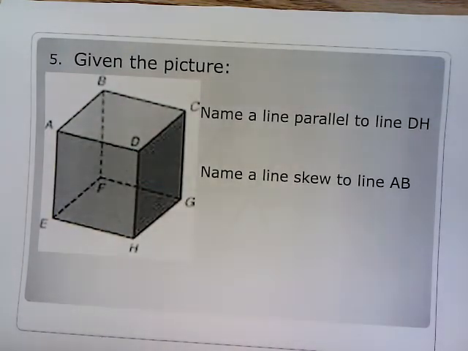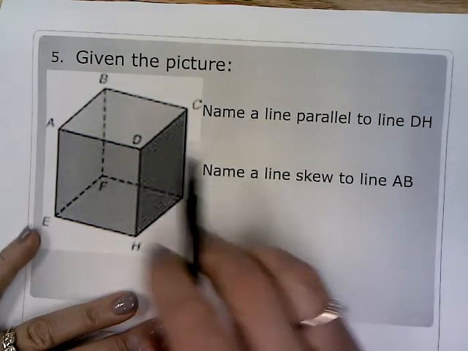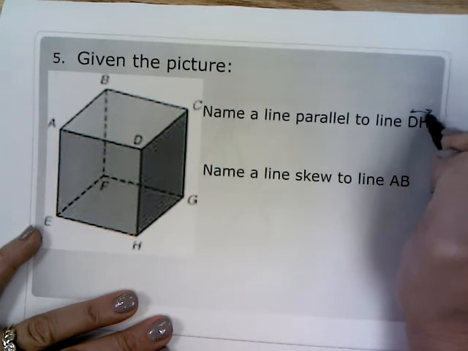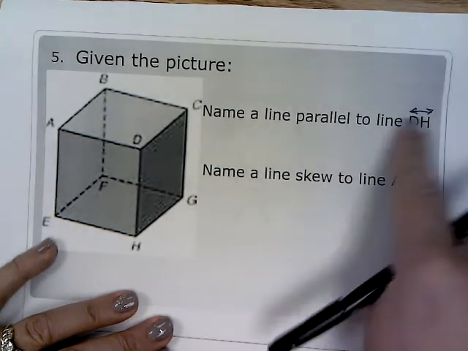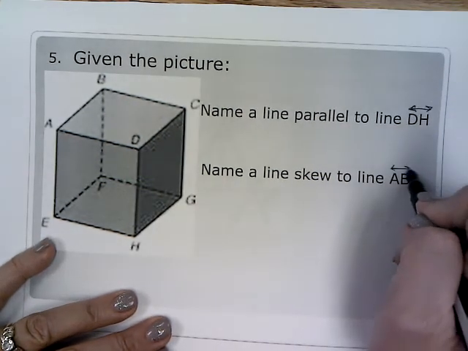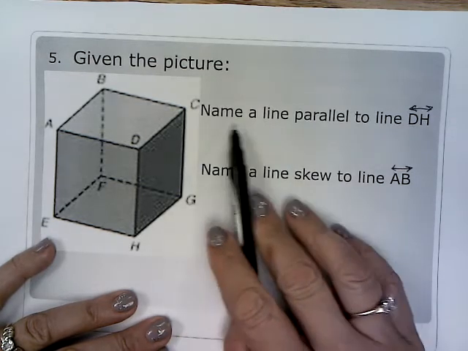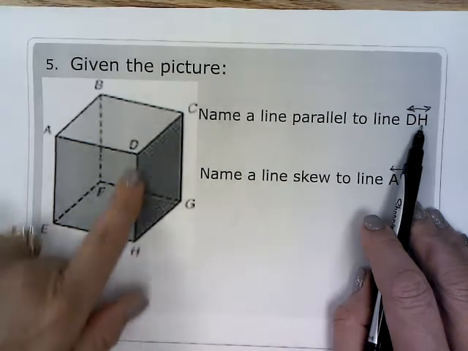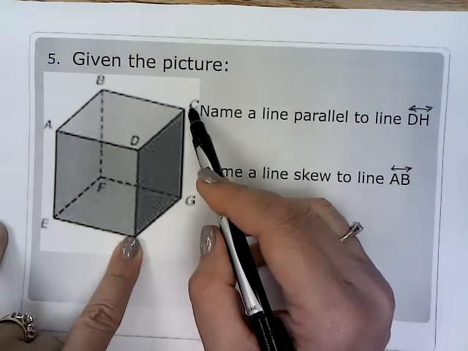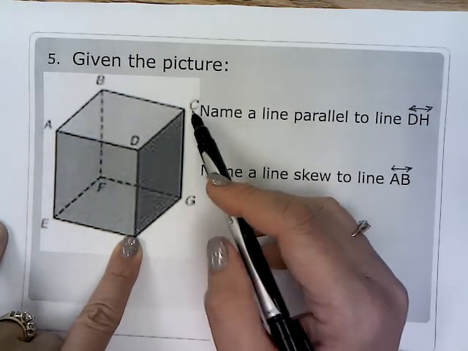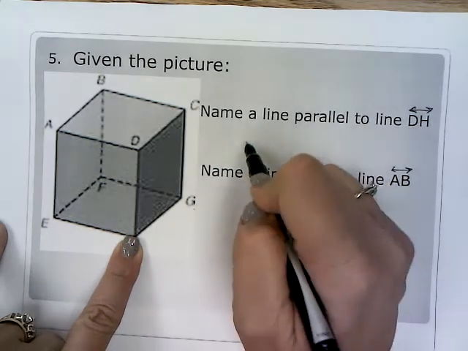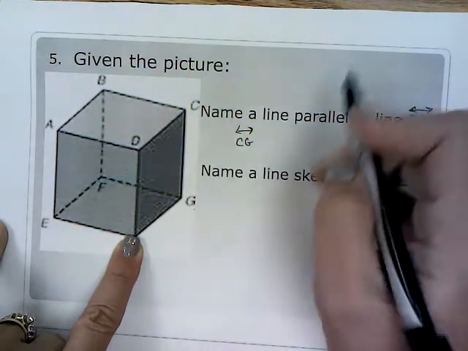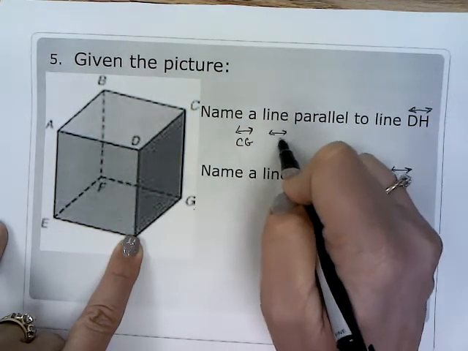Okay, given this picture, name a line that's parallel to line DH. So DH is right here. Who's parallel? Well, it has to sit on the same plane to be parallel. So CG is, AE is also parallel.